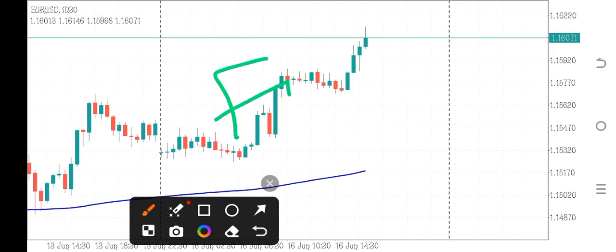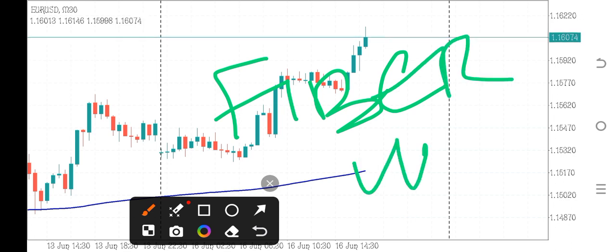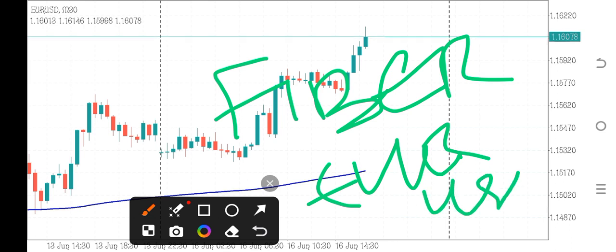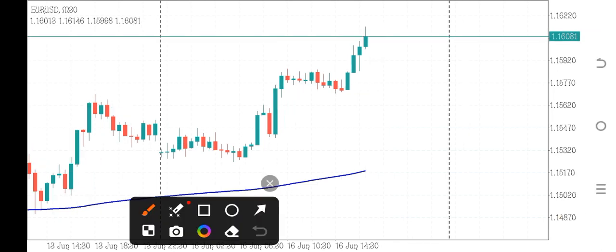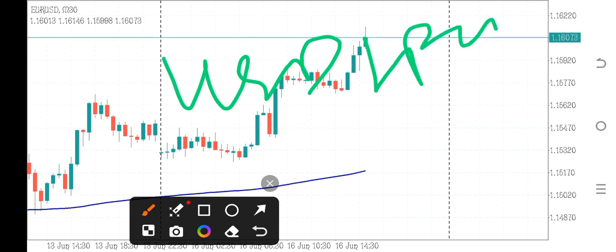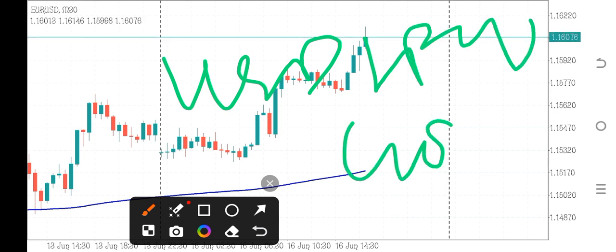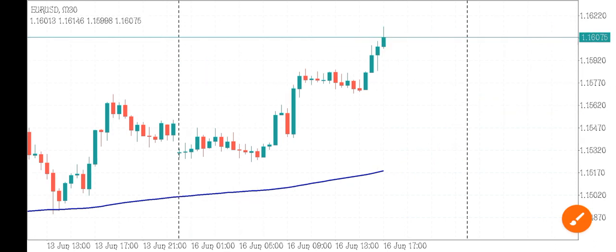Once you hear Fiber, it means Euro USD. The nickname of USD JPY is Gopher, I believe. There are many like that, and I am going to leave the chart in the description.